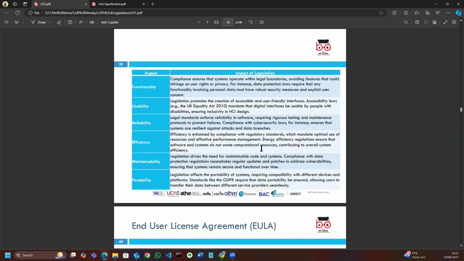For instance, data protection law requires that any functionality involving personal data must have robust security measures and explicit user consent. So functionality, usability, reliability, efficiency, maintainability, and portability are all aspects that will have to be taken into consideration when looking into the impact of legislation.